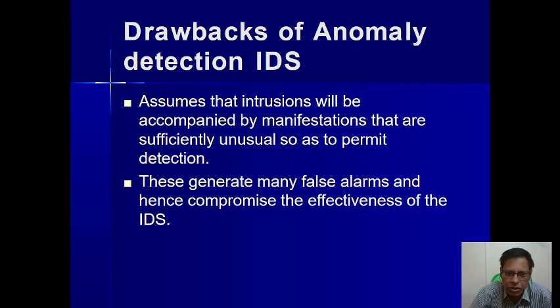So these generate many false alarms and hence compromise the effectiveness of the IDS. Every now and then it is checking this and that, which causes time delay, and sometimes it leads to false alarms. It affects the correctness, in other words.